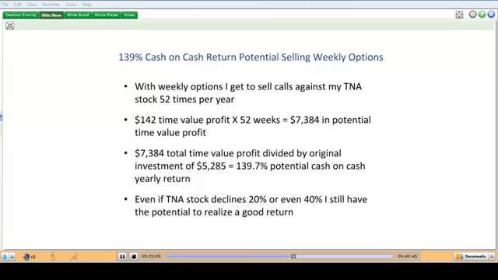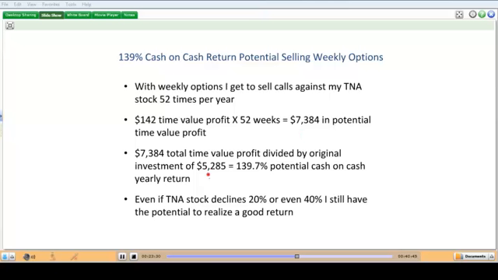So let's look at this trade that I took last Friday, and you get to sell these weekly options 52 times a year. So let's just assume that you got a similar option premium each week. So if you take $142 times 52 weeks, I would collect $7,384 in cash, and that compares to our original investment of $52.85.